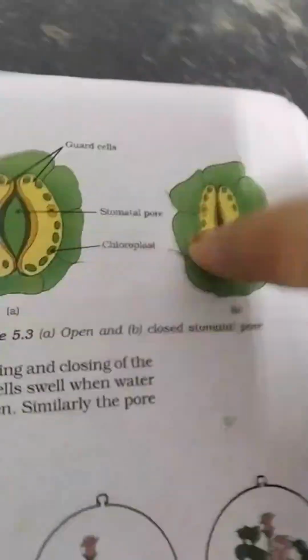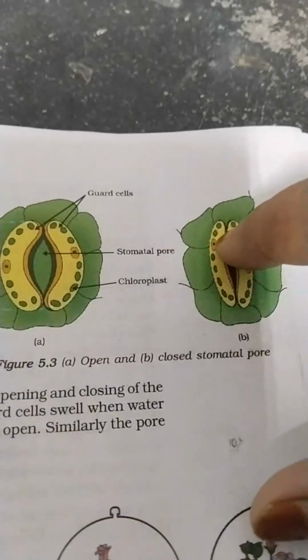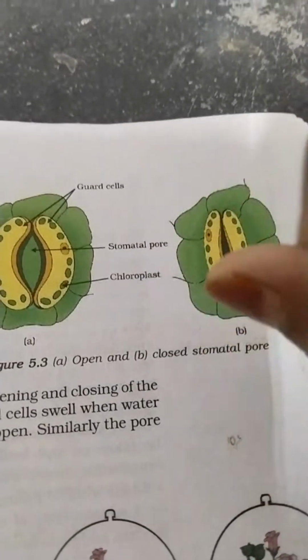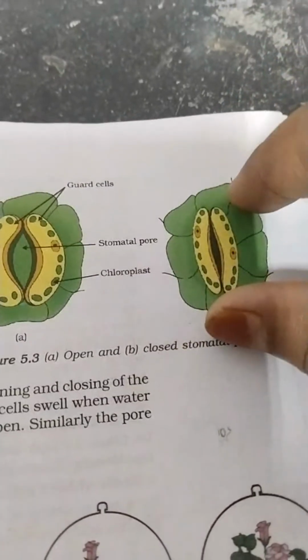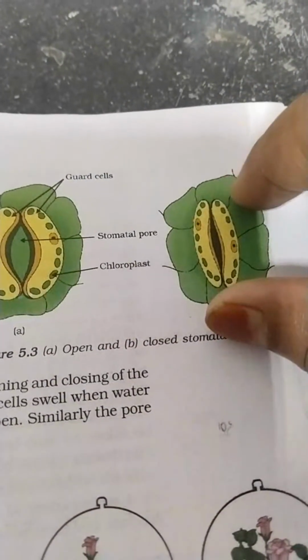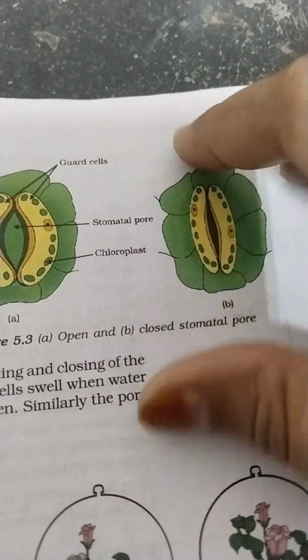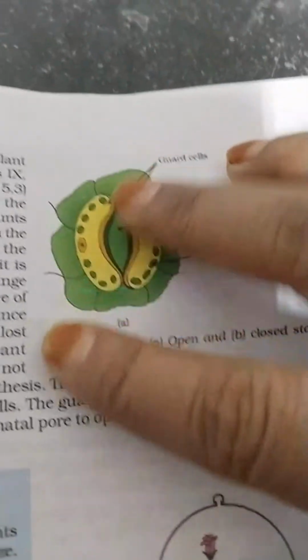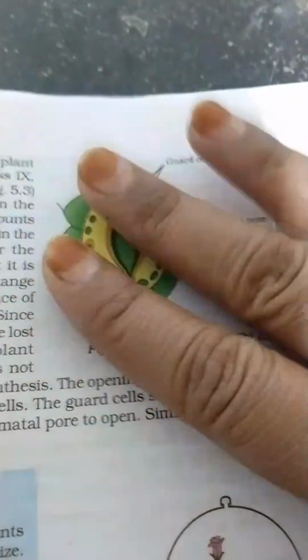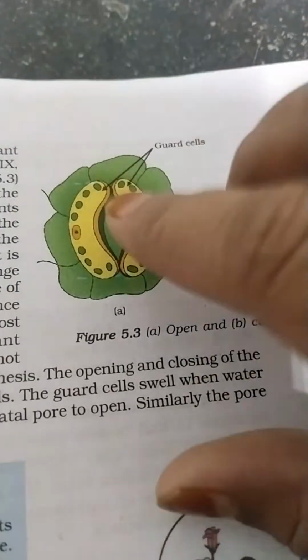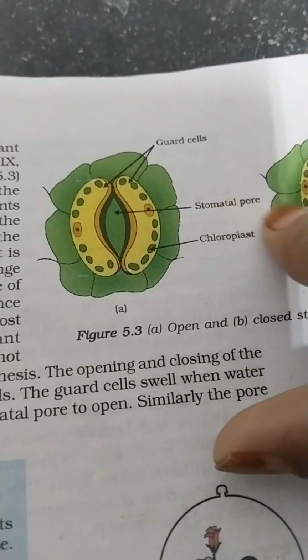Whereas, if the water is removed from the guard cell, then the size of that guard cell shrinks, and that is the reason it closes. See next.